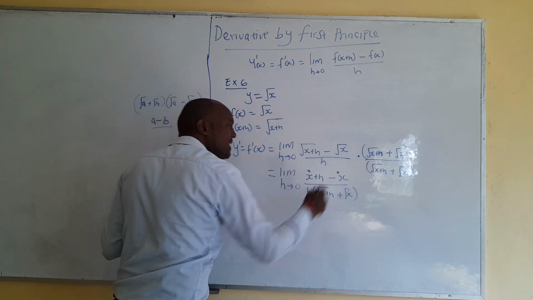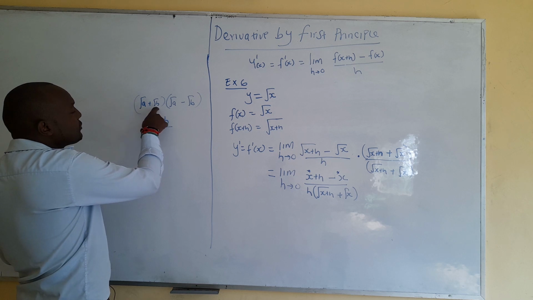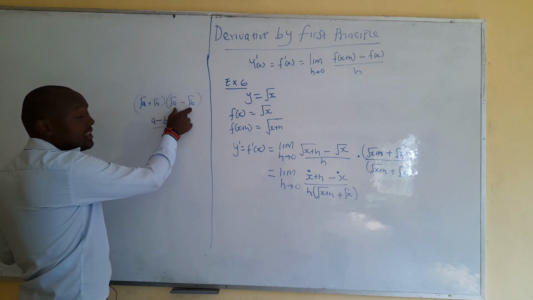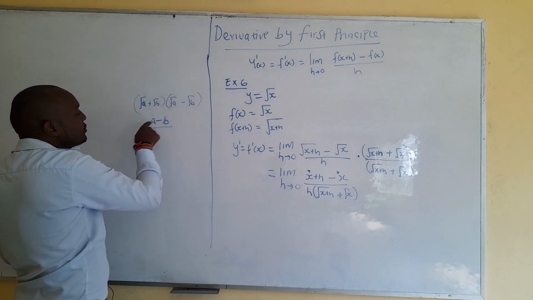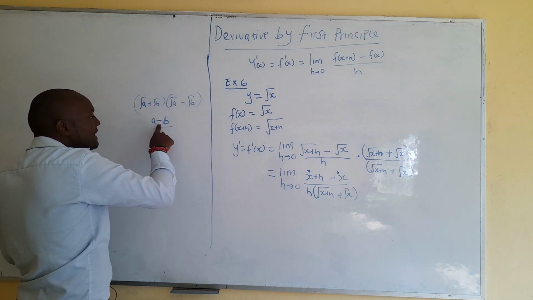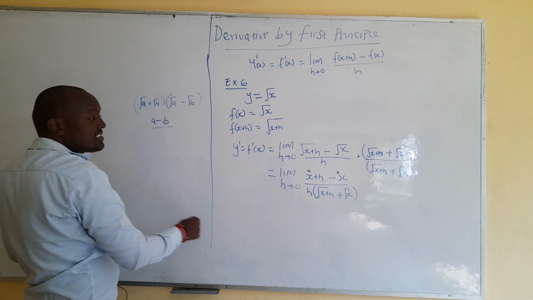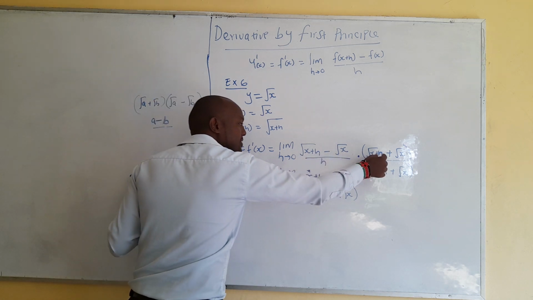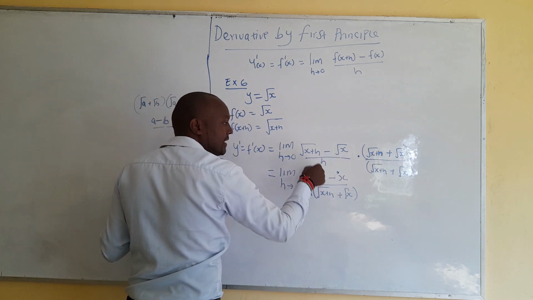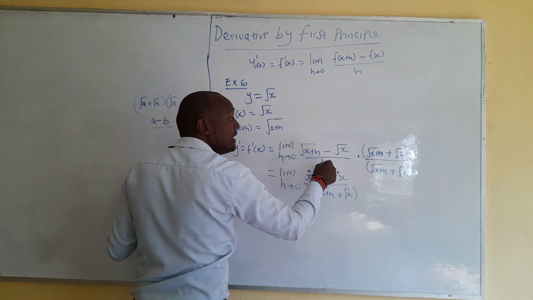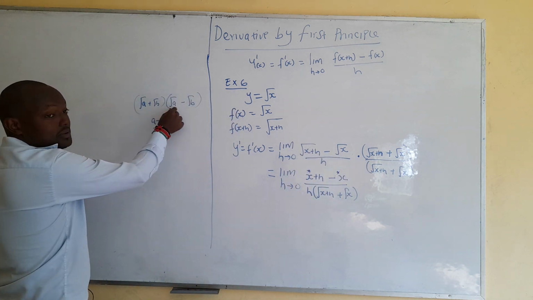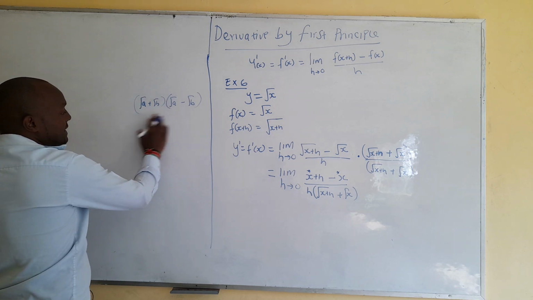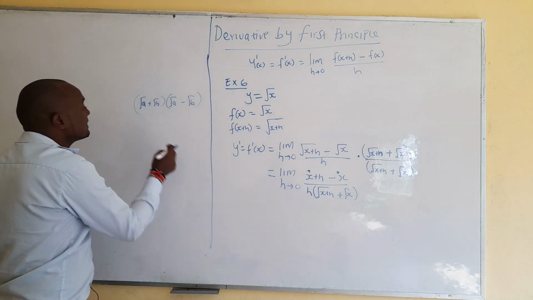Whenever I open this one, if you have two surds and you multiply with the conjugate, you will get root of a times root of a, which is a, but the sign you have is minus b. Maybe I can explain further so that it can sink in your mind.